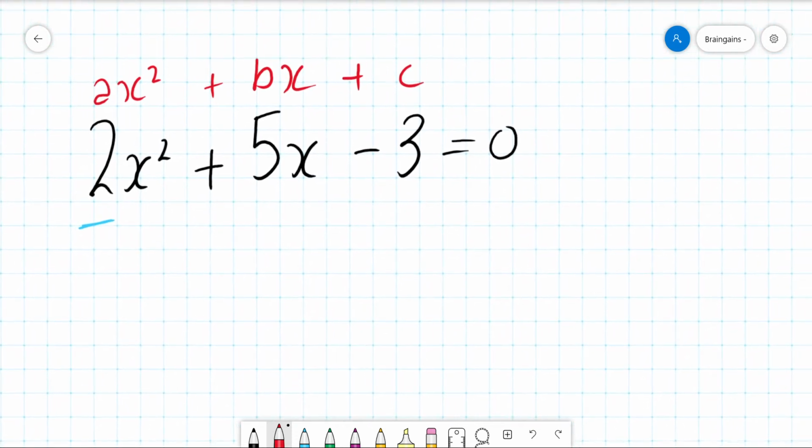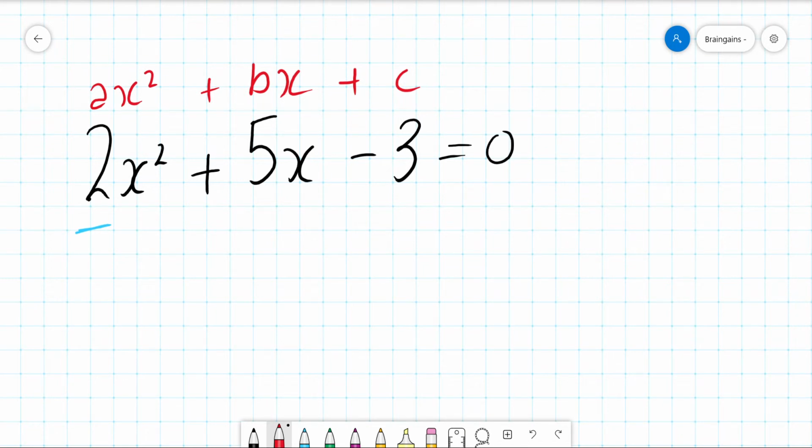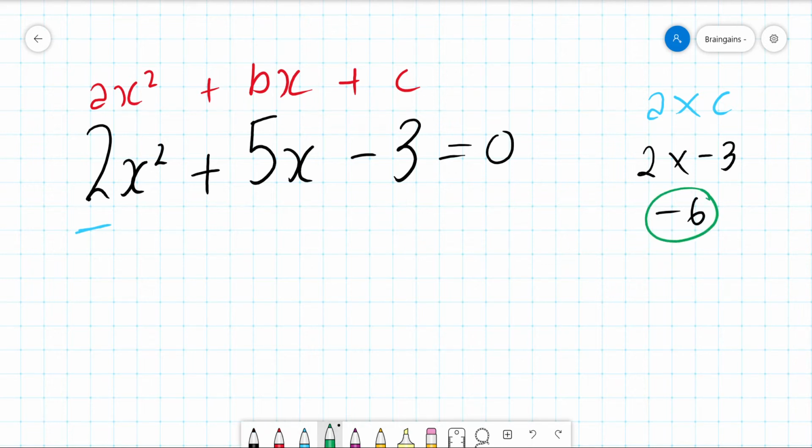So the first step you're going to do is a times c. So a times c, and that's just 2 times -3, which is just -6.